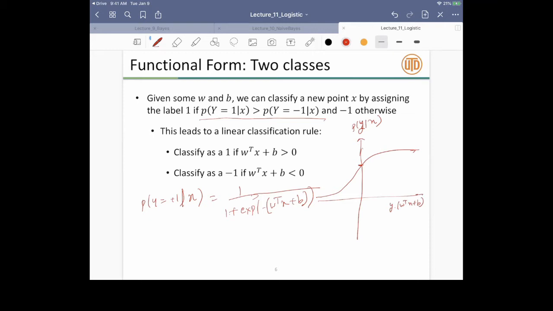When this term is zero, you have the probability half. And this asymptotically goes to one. So this point is one, and similarly this point is zero.